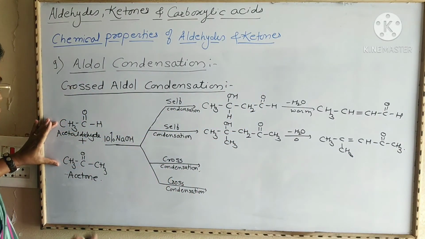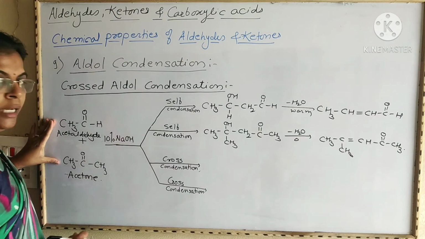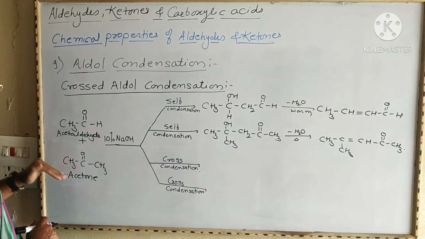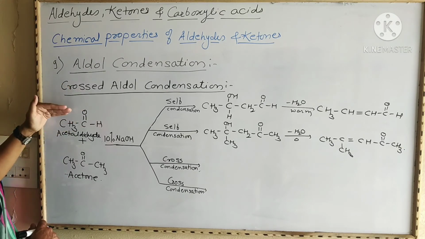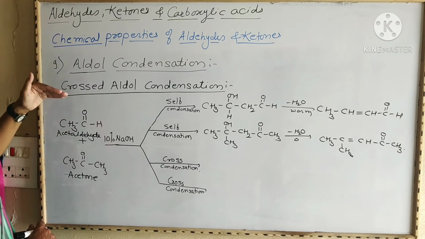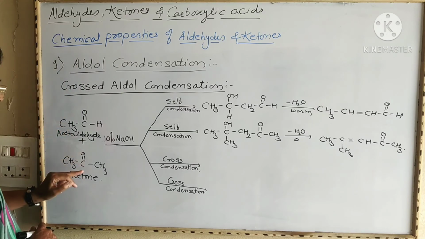Now these two molecules undergo cross condensation in two ways. First, the acetone molecule acts across the carbonyl group of acetaldehyde, and in the second case the acetaldehyde molecule acts across the carbonyl group of the acetone molecule.